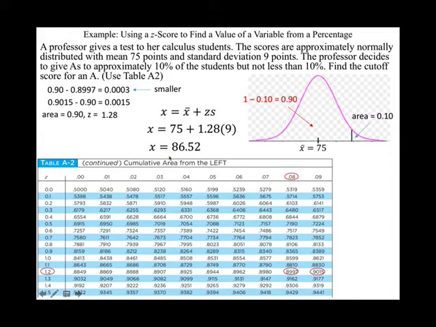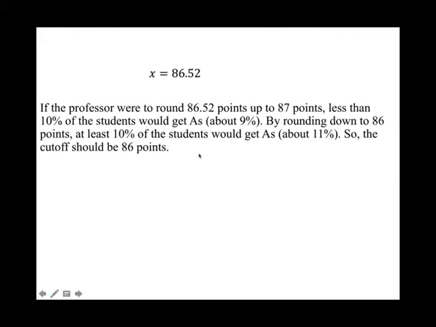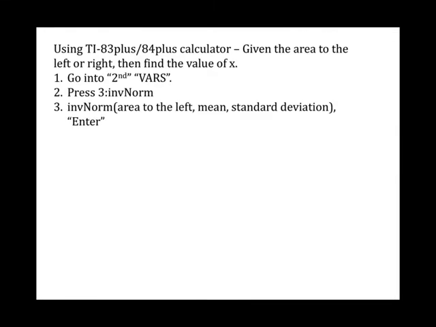Okay, so this is method 1, using table A2. The next one will be using the calculator, the TI-83 Plus or 84 Plus. Given the area to the left or right, find the value of x. Same idea, we're going to go to 2nd, Vars, inverse norm.